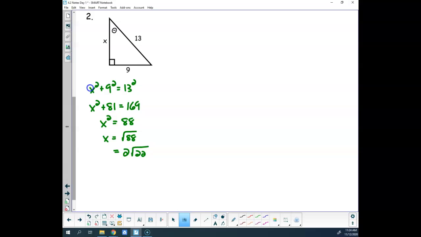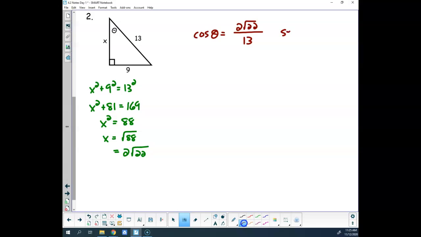Right? Okay. So, cosine of theta is going to be adjacent. So that would be 2 square roots of 22 all over the hypotenuse, which is 13.